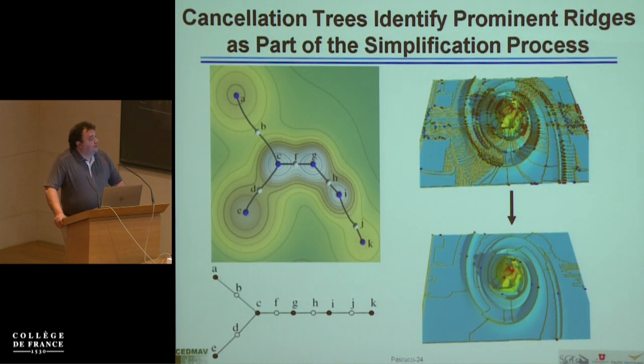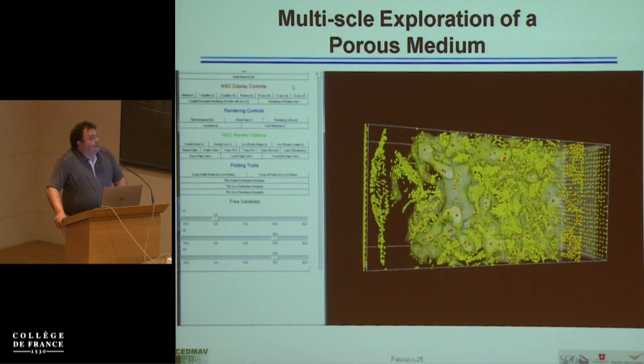So there you can take a simulation like the one on the right, that's effectively a 2D simulation. You have all the critical points at fine scale, but then you can show the structure at the coarse level that you see on the bottom right, or you can take a terrain and show it as a simple graph, however you like. And then when you go to real data, here it is a porous material.